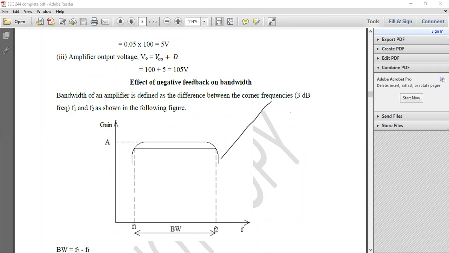And so, for that reason, 1 plus beta A is also greater than 1, such that F1 divided by 1 plus beta A is actually less than F1. So we have it that F1 prime is actually less than F1.